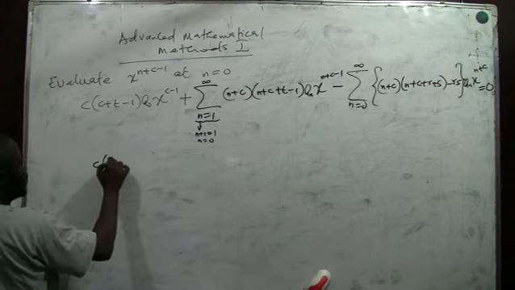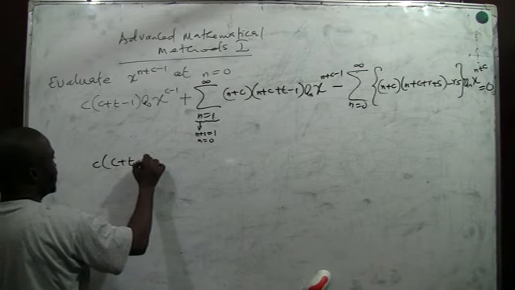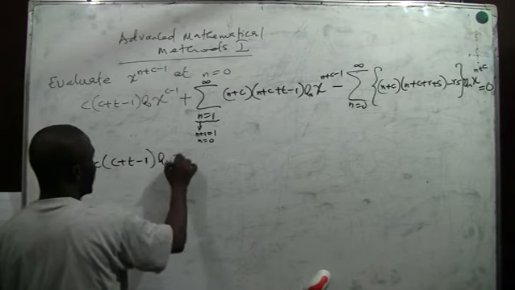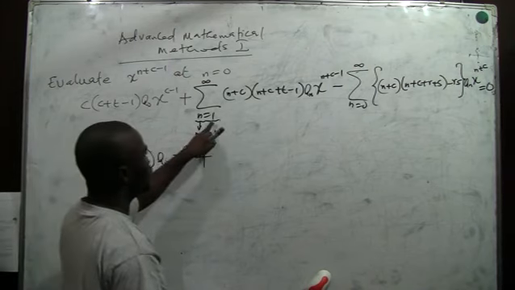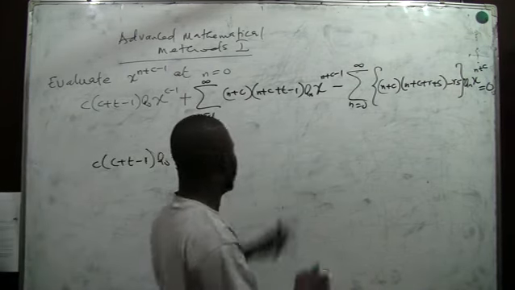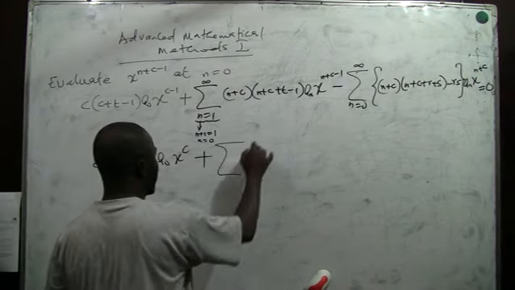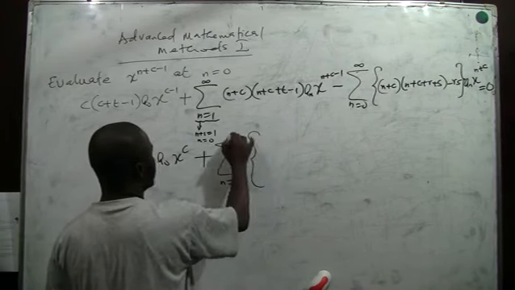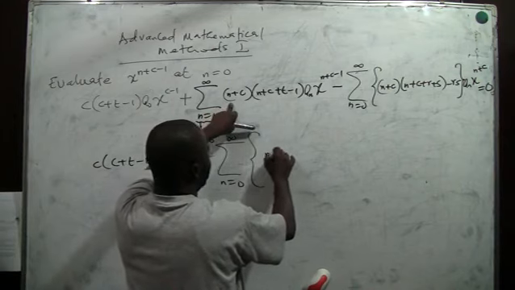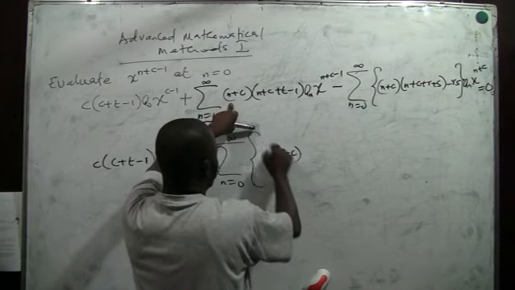So that means that I have c plus t minus 1, a naught, x raised to the power c, plus, since the counter now will shift to 0, we can bring the two of them under the same umbrella by saying n equals 0 to infinity. This one becomes n plus 1 plus c.